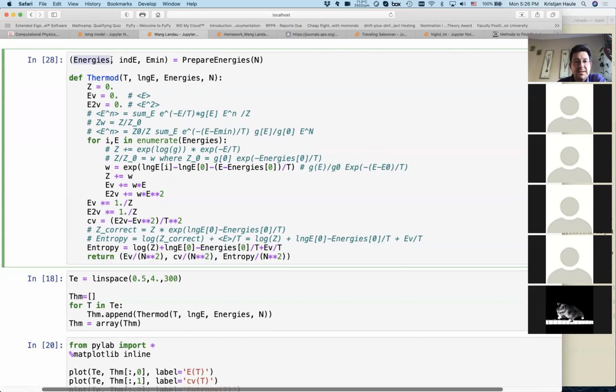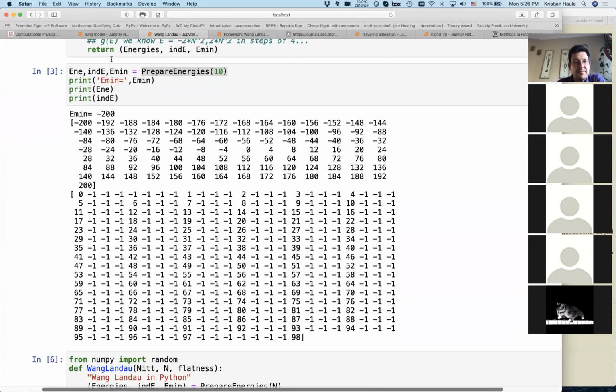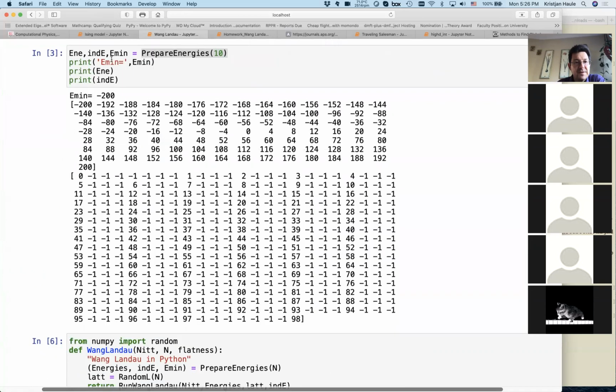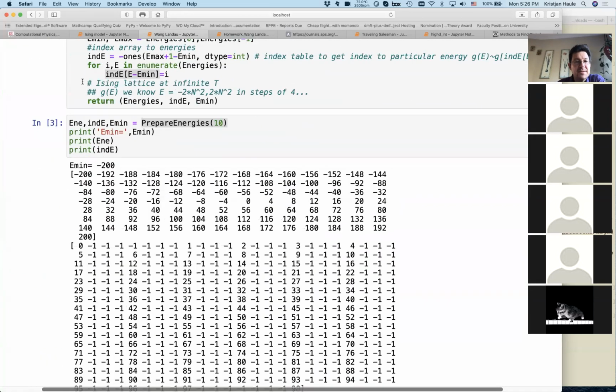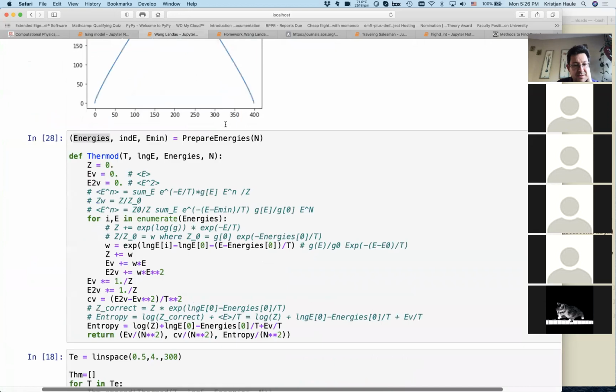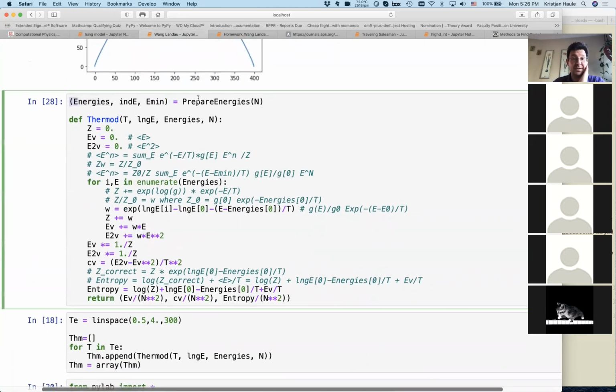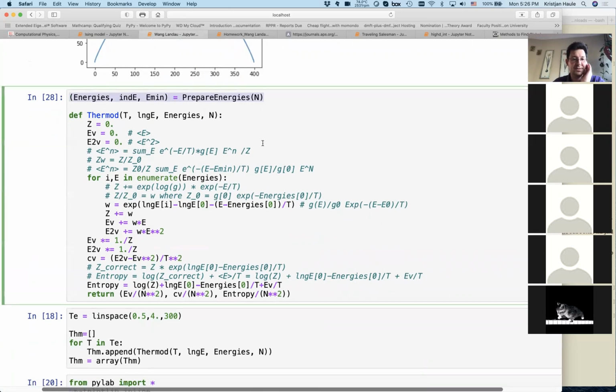And I think in the original notebook, I evaluated energies for 10 by 10, somewhere at the very beginning when we tested. I think here I calculated energies for 10 rather than 20, and that can result in a wrong density of states. But here I recomputed energies for the n that we're currently using, so it should be correct.